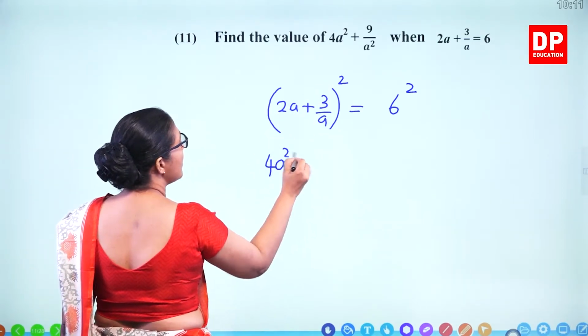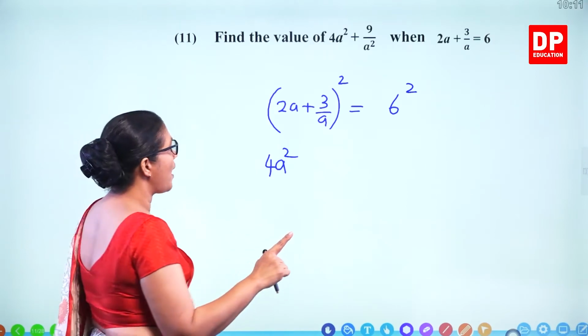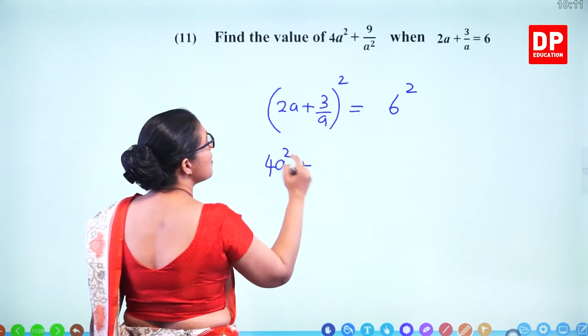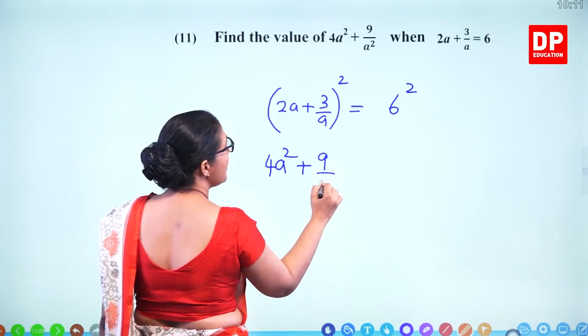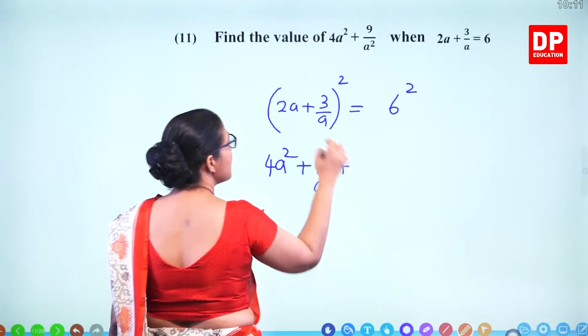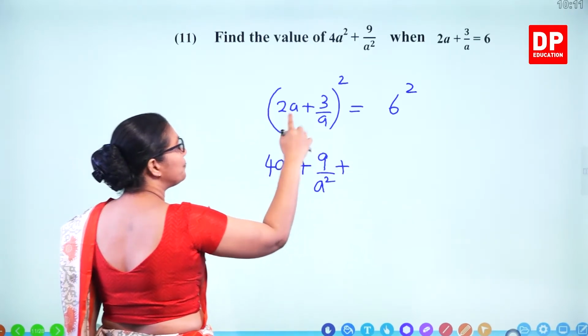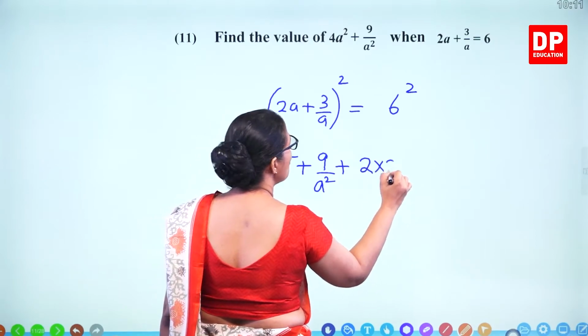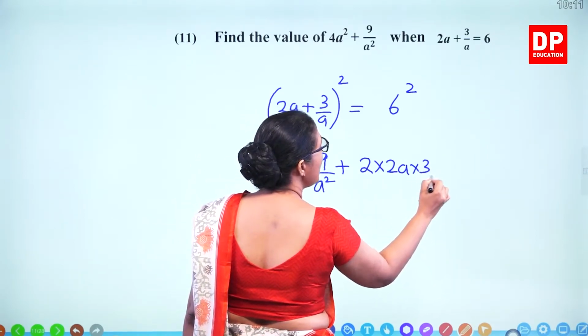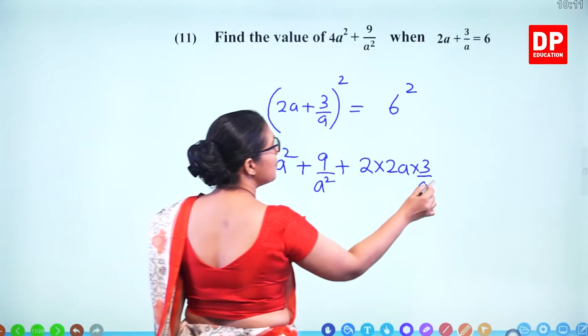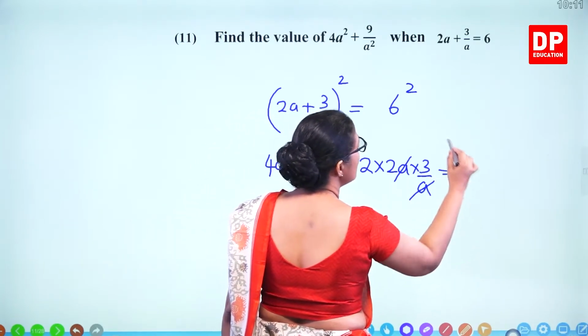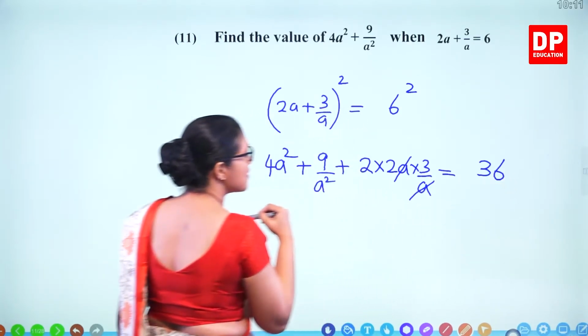First term squared, 2a into 2a, 4a squared. And the last term squared, 3 into 3, 9 over a squared. Plus 2 times these two. What's that? 2 times 2a times 3 over a. That's the middle term. The a gets cancelled out. So that's 36, 6 into 6.